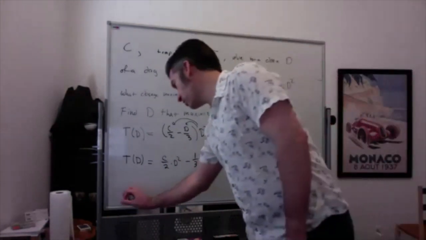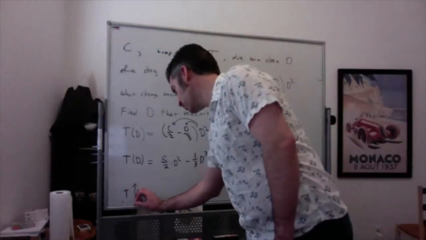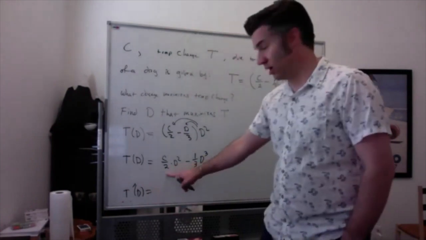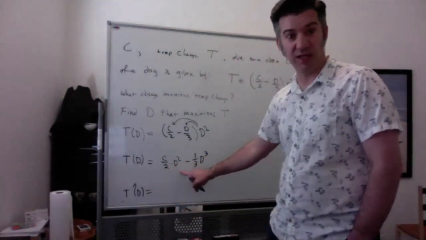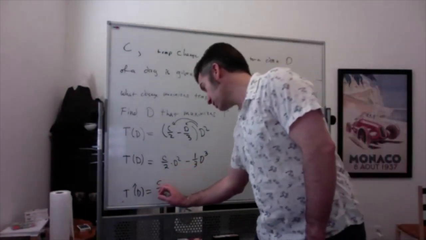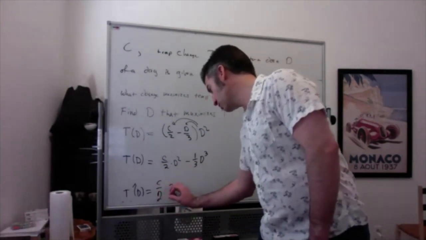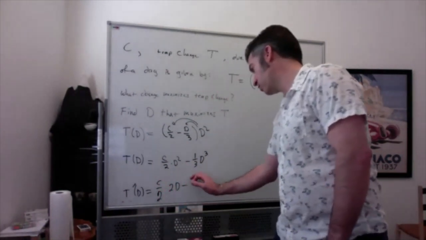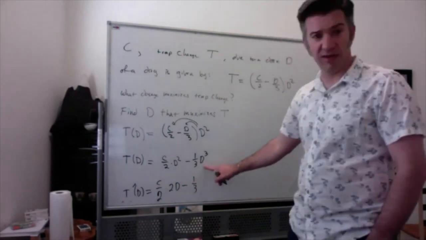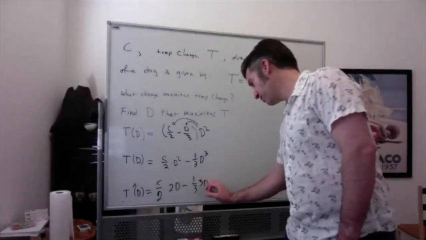So now let's take the derivative. The constant multiple hangs out. The derivative of D squared is 2D, so you get C over 2 times 2D, minus 1/3 times the derivative of D cubed, which is 3D squared.